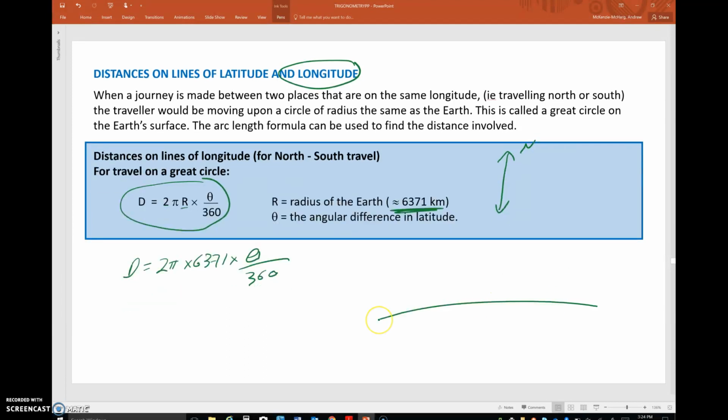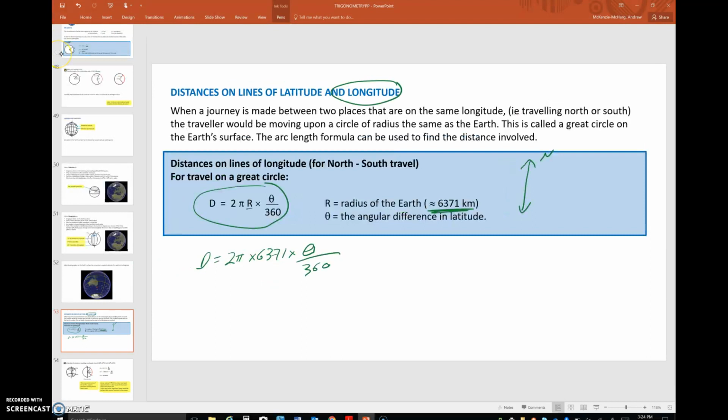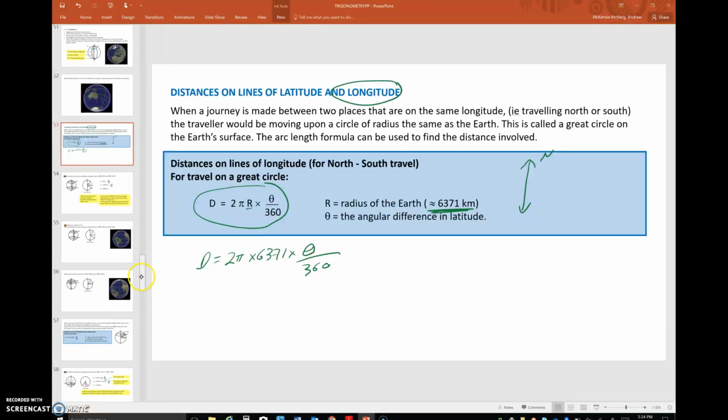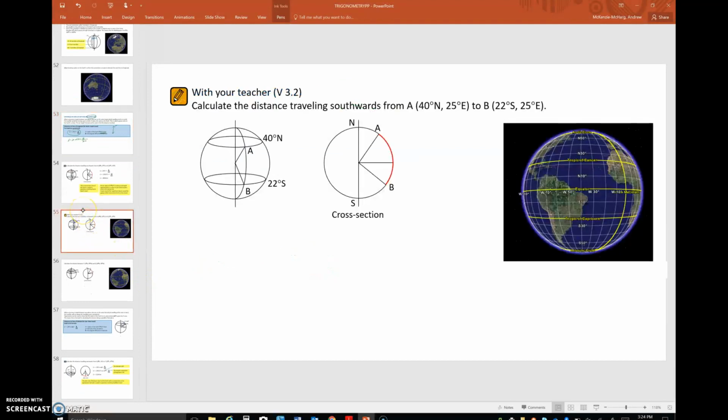Okay, so let's try an example. We're going to look at this one here first. So we're going to do two examples here.